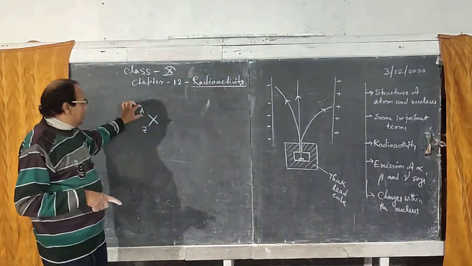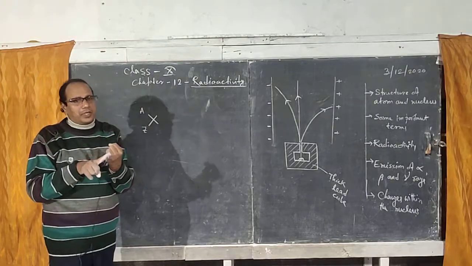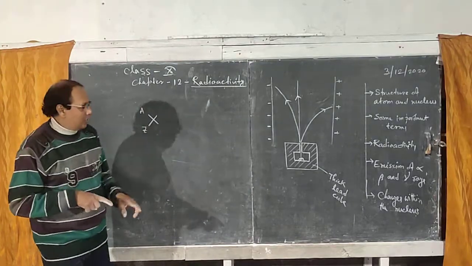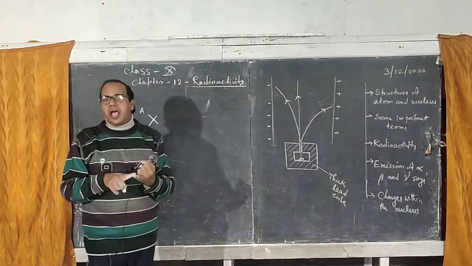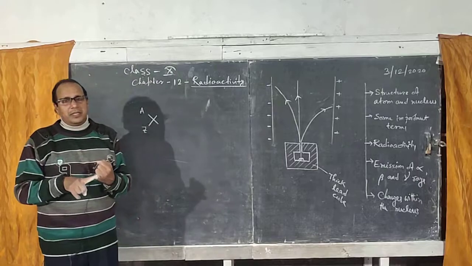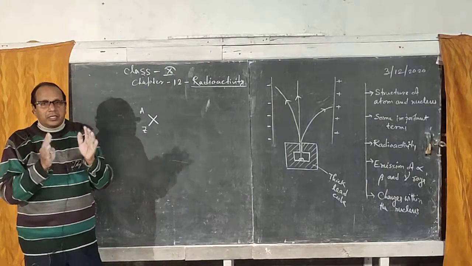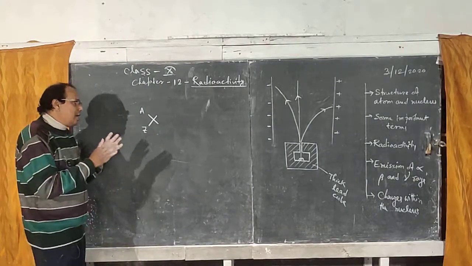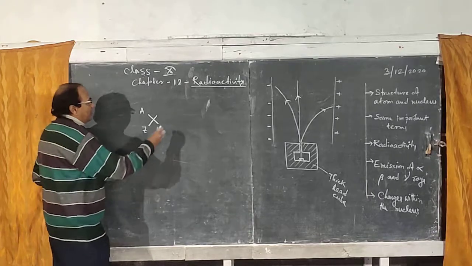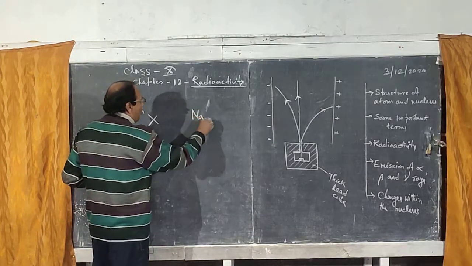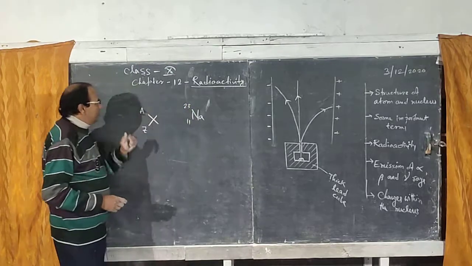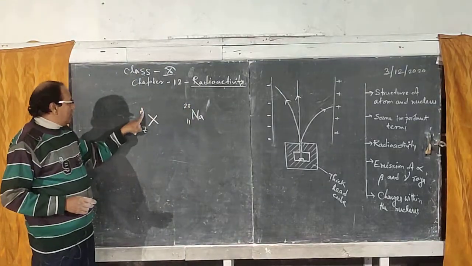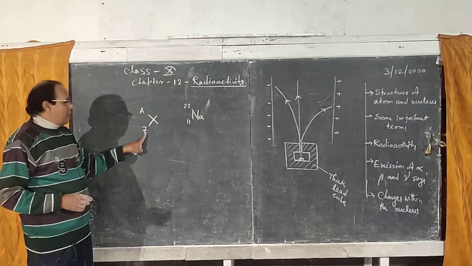Mass number represents the total number of protons and neutrons present in a nucleus, whereas Z is the atomic number, which represents the number of protons in the nucleus or in an atom. Example, say sodium is a common element, sodium 23, 11. Here 23 is the mass number and 11 is the atomic number.